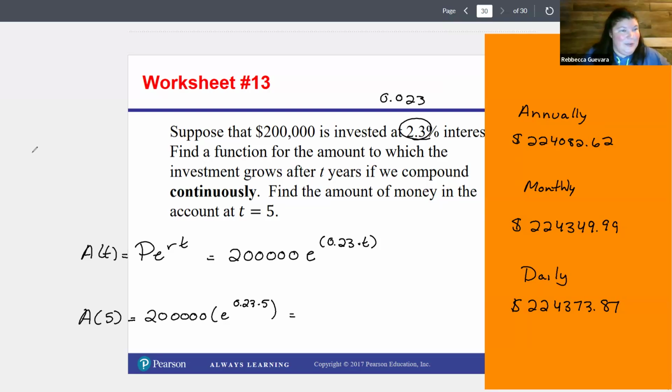I accidentally put my decimal in the wrong place. Okay, there you go. Now that I fixed this, you are going to end up with $224,374.69. So as you see, from compounding daily to compounding continuously, we really gained less than $4 actually.